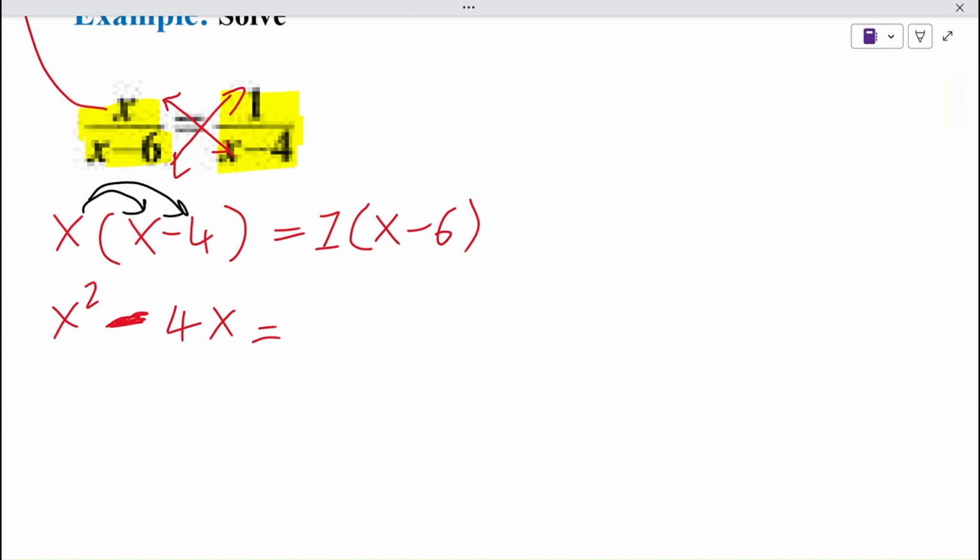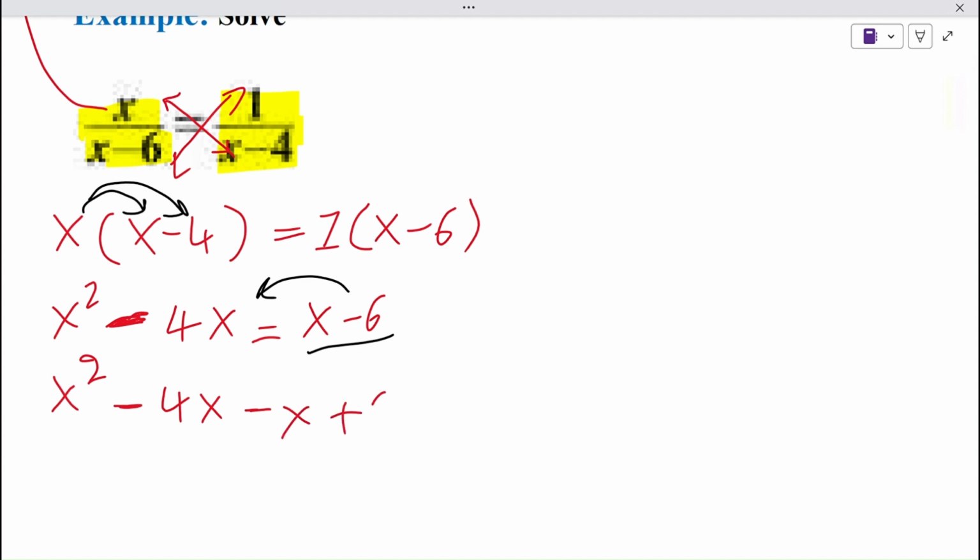Okay, let's bring these two terms to the other side of the equation. This is x squared minus 4x minus x plus 6 is equal to 0.